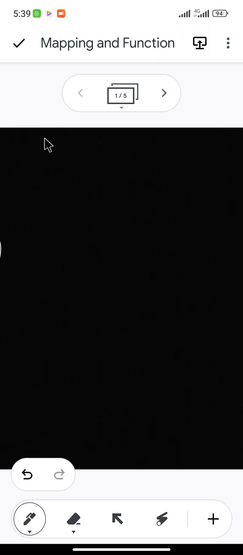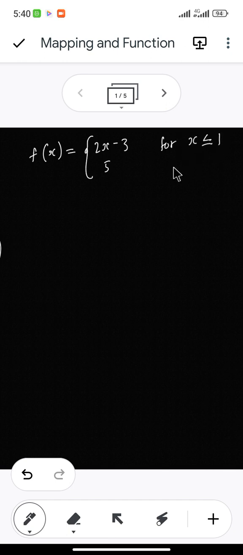Now let's take another question. If you have f of x being equal to 2x minus 3 for x being less than or equal to 1, and 5 for x being greater than 1.